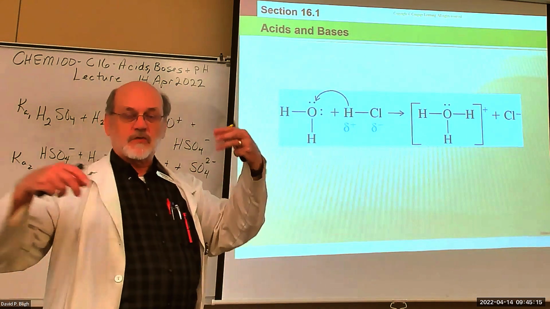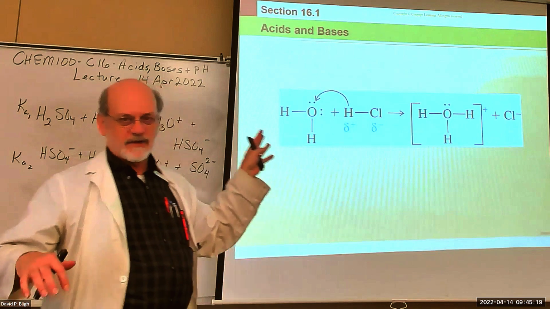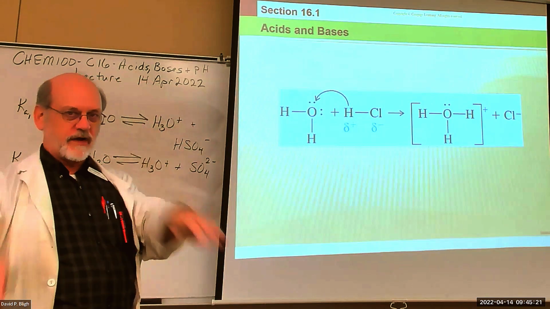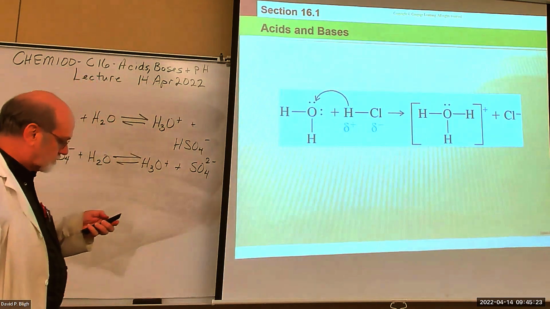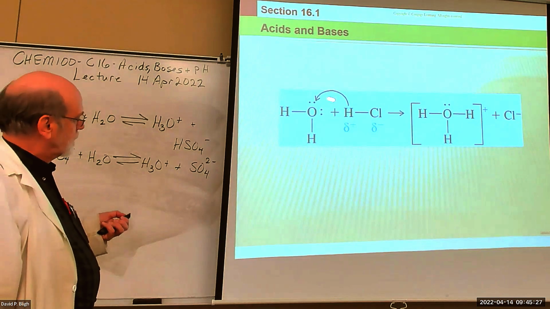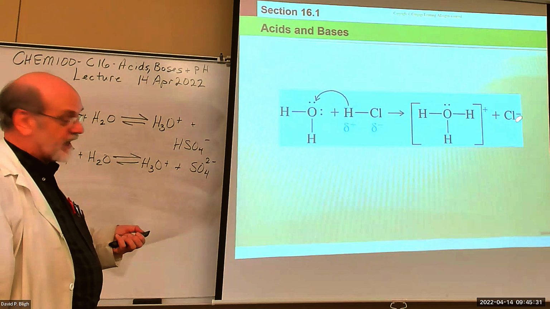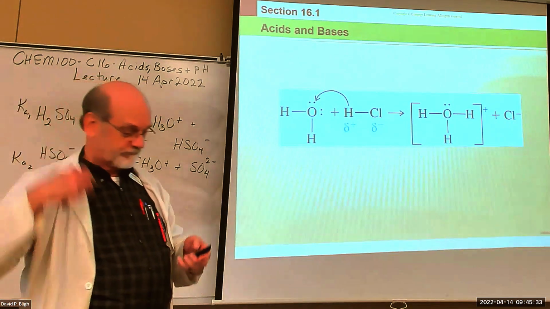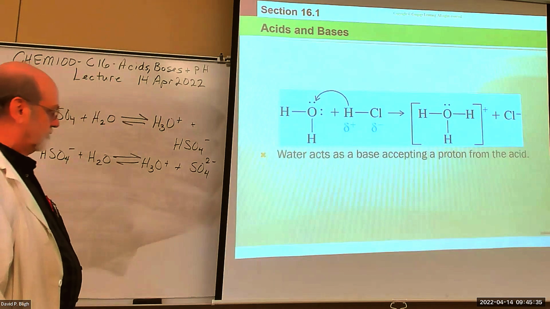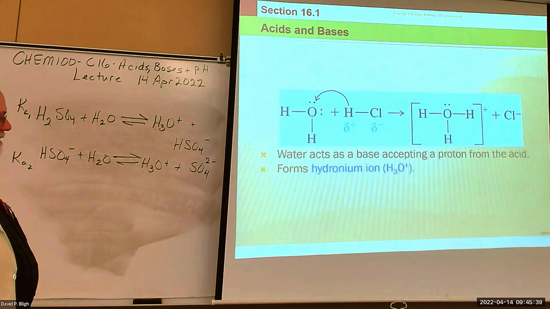Then you would have individual hydrogen ions floating around. But that's not this environment. That's completely different, and we're not going there. So we transferred a hydrogen to this water molecule and made a hydronium and left behind the chloride ion.